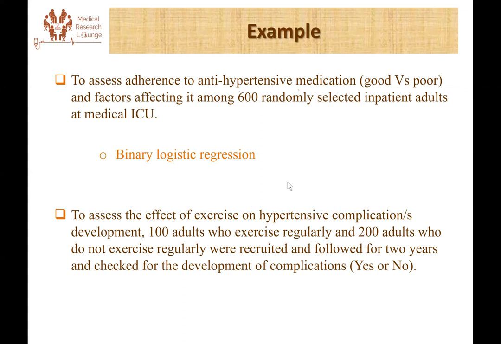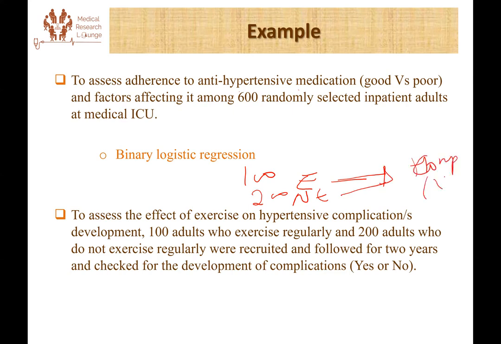Here, we wanted to see the effect of exercise on hypertensive complications. So our exposure is exercise, and we have started with the exposure, right? We have an exposed group and a non-exposed group, like 100 adults who exercise and 200 adults who do not exercise, and we followed them to see if they develop complications, right?